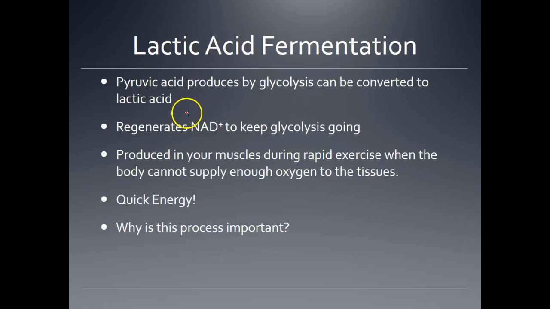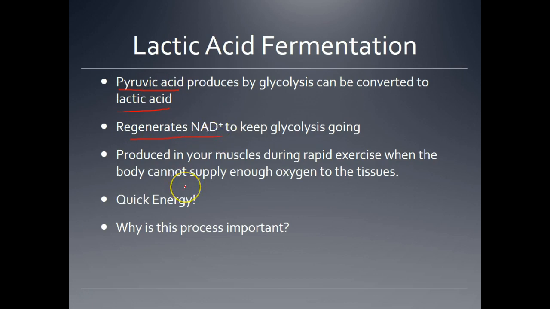Lactic acid fermentation, it's the exact same thing. You're going to, in your cell, take glucose, you're going to convert it to pyruvic acid, just like you do normally in the glycolysis process. You're then going to convert the pyruvic acid into lactic acid by regenerating NAD+ from NADH.